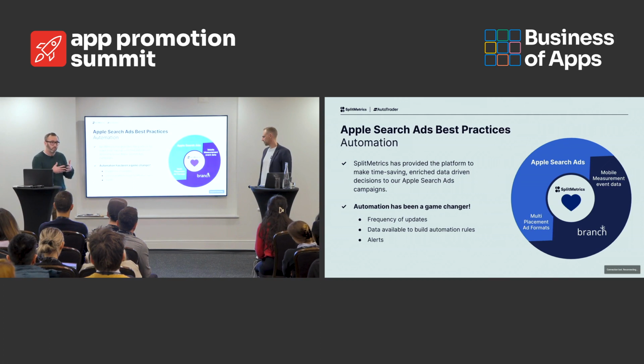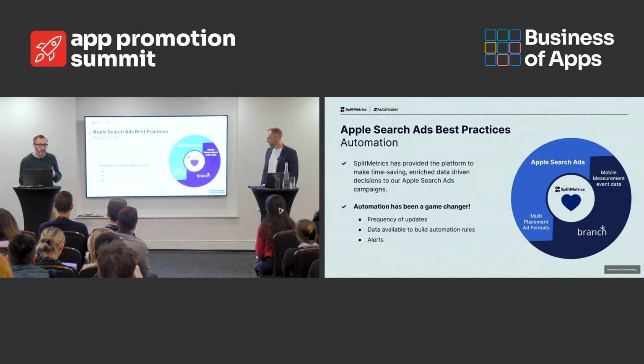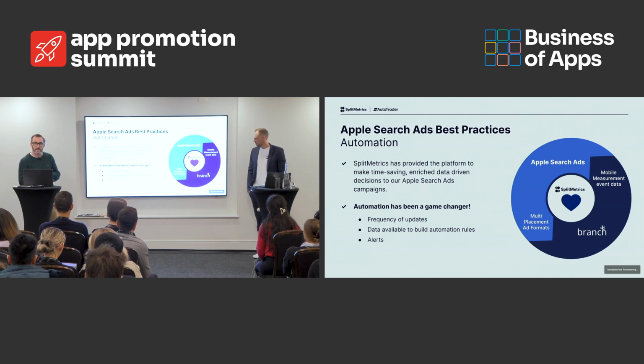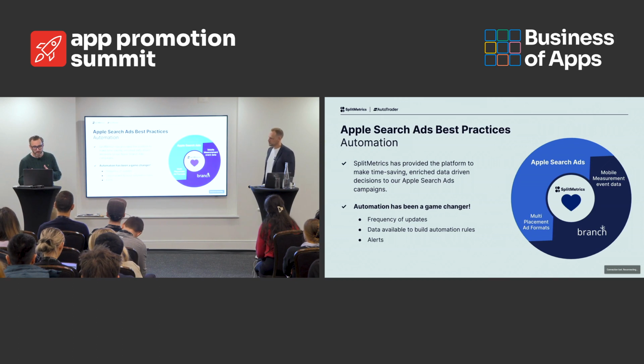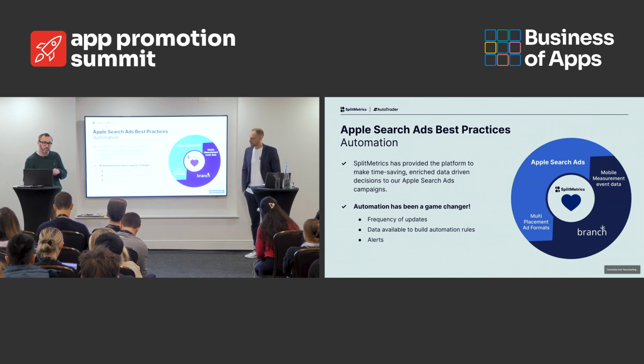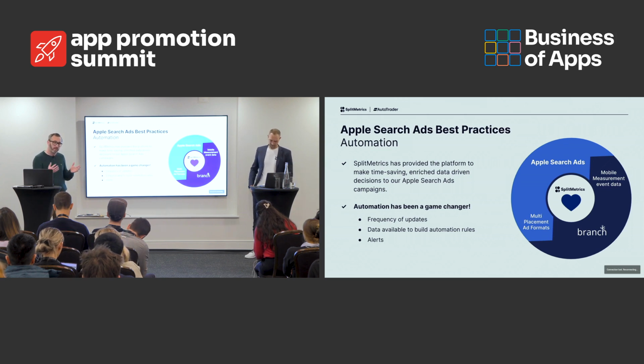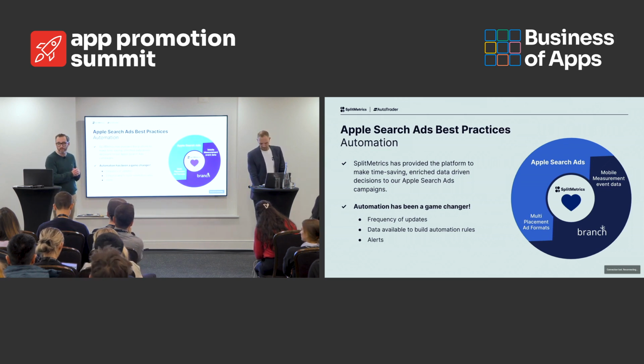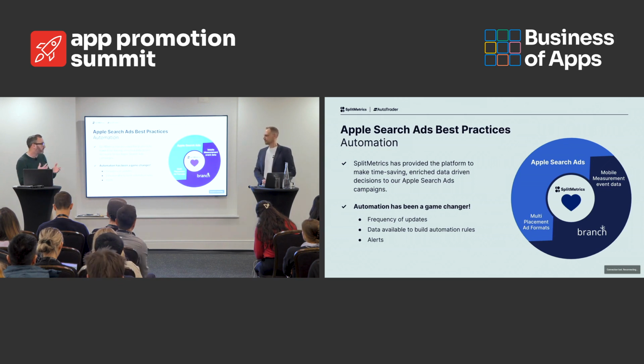Being able to bring these together in a single platform has really given me a much deeper understanding of how our Apple Search Ads are performing. One of the key things here is the downstream events that we have within Branch, like ad views or leads, that we can now match with the Apple Search Ads data set to understand the impact and conversion of those particular things.